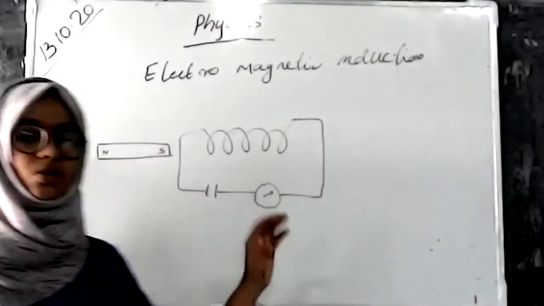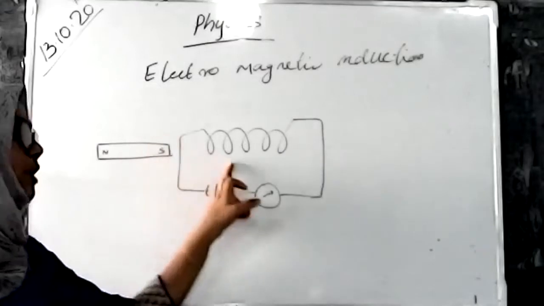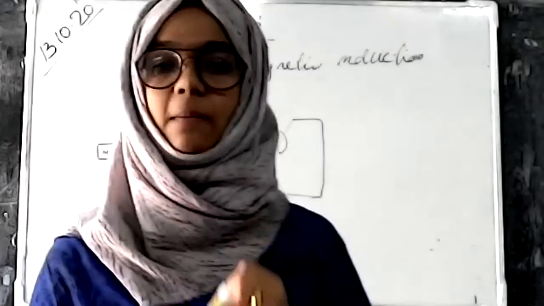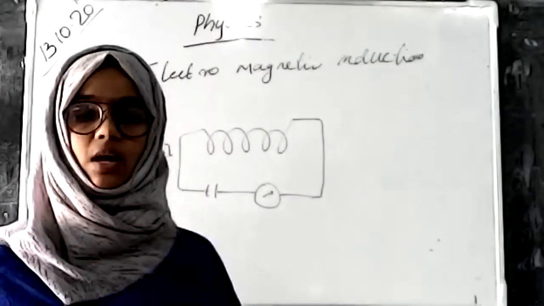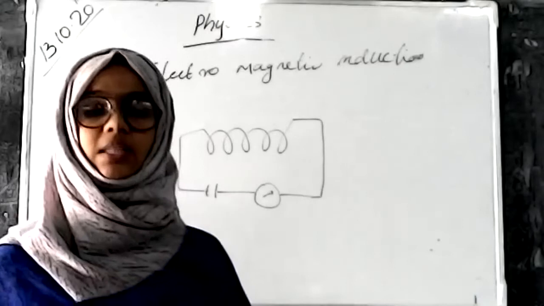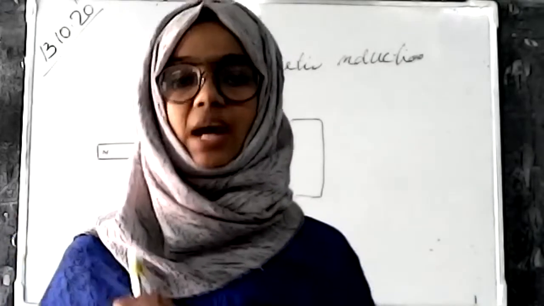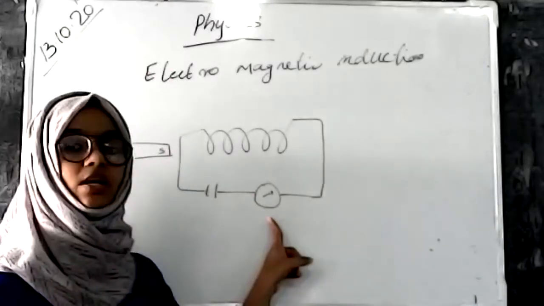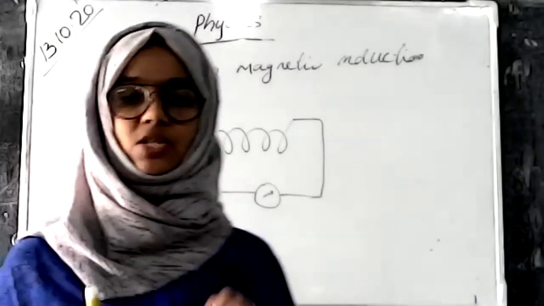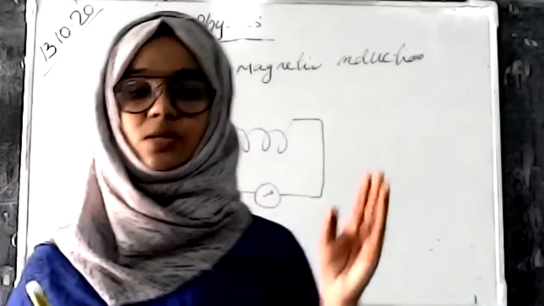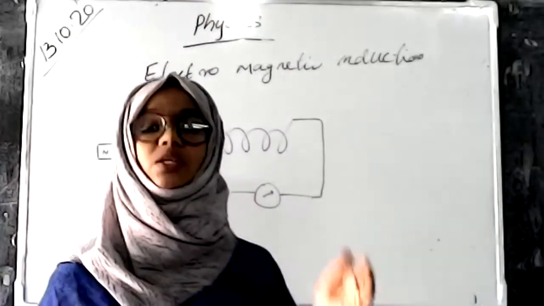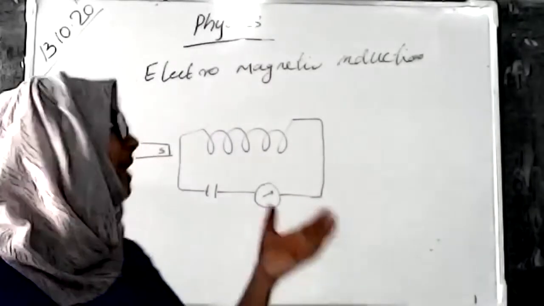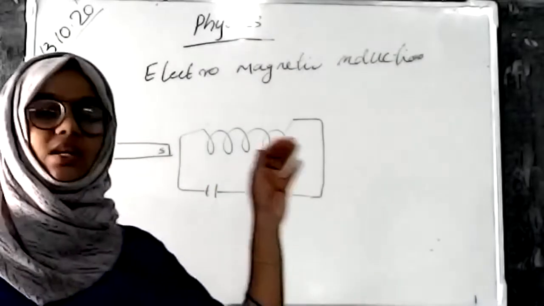Because of the bar magnet and the solenoid and their motion, there is an induction of current, and that current shows the galvanometer deflection. Based on that induced current, there is an induced voltage, an induced EMF. So that is electromagnetic induction.